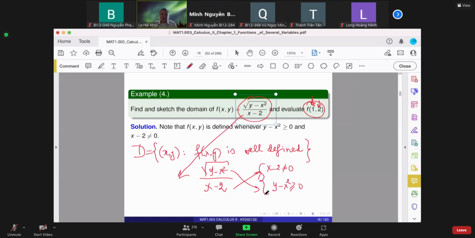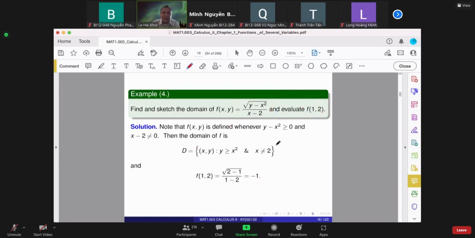So that is, you have x squared is less than or equal to y and x different from 2, right? So that one. And evaluate it at a point x equal to 1, y equal to 2, you get these things.